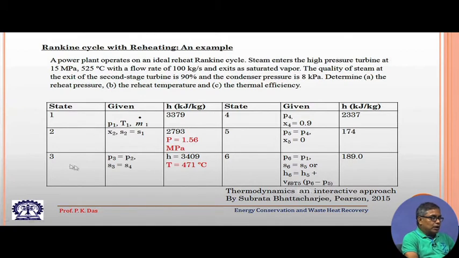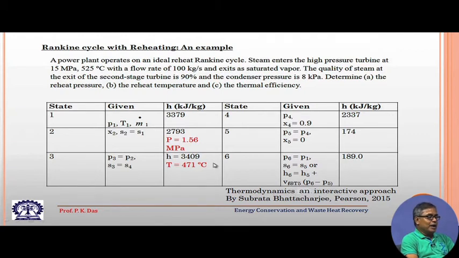In state 3, P3 is equal to P2, as I have already told, and now the state is known, S3 is equal to S4. So, we can calculate the temperature: 471 degree Celsius.